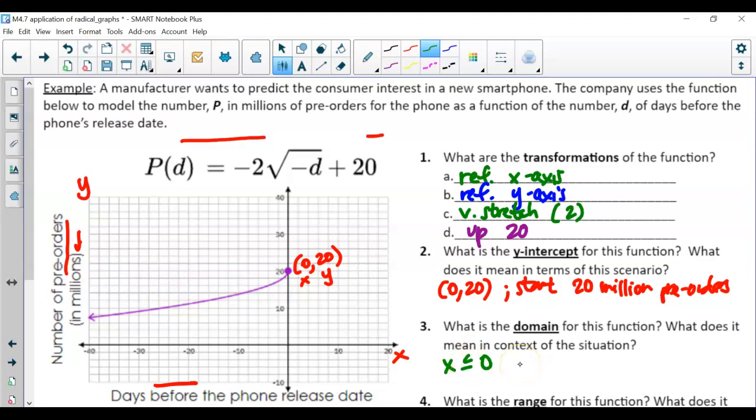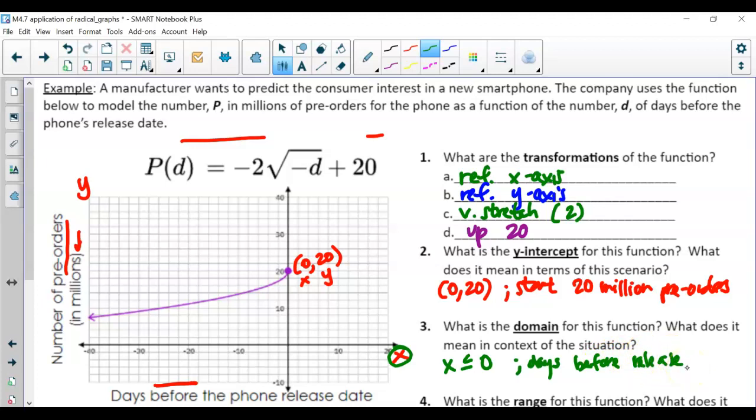So what does the domain represent in context of the situation? What do the x values represent? The days before the phone release. So the days before the release.